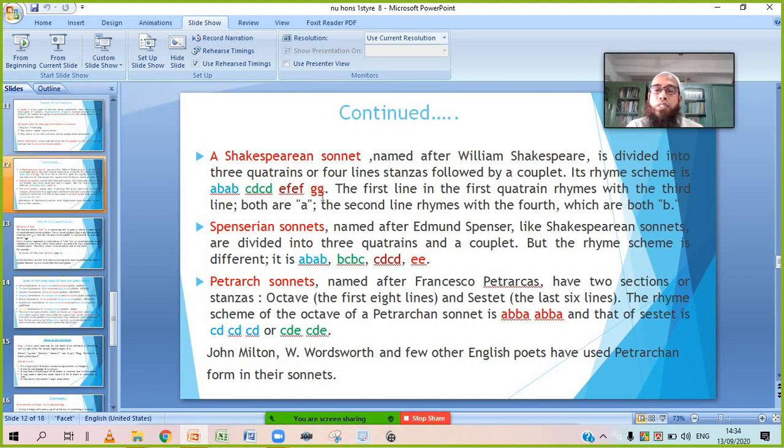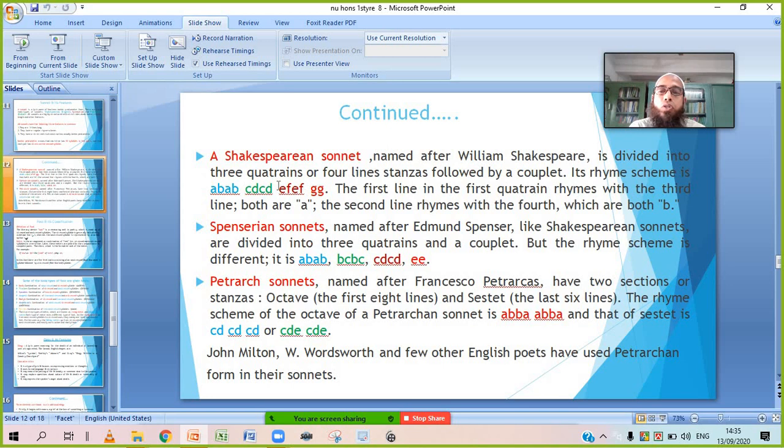So look at these three types of sonnet, how they are different from each other. A Shakespearean sonnet, named after William Shakespeare, is divided into three quatrains, or 4-line stanzas, followed by a couplet.